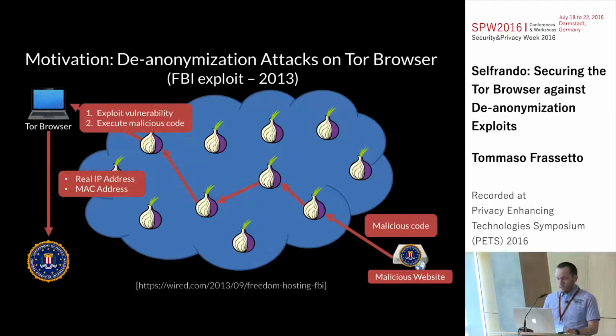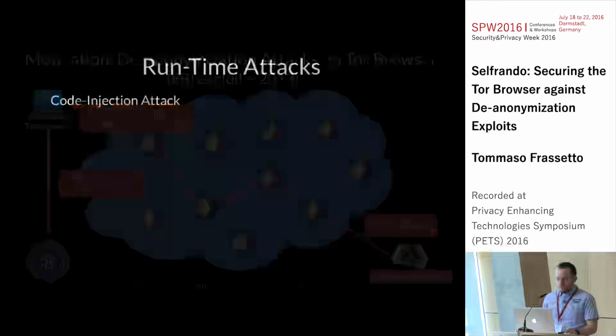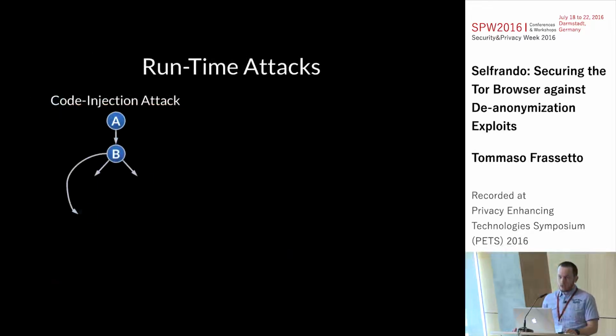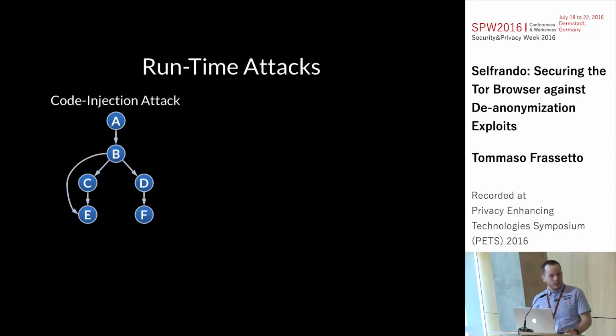Our work is a defense against this kind of attack, and so let's take a closer look at how an attack like this works. An attacker can use two different types of runtime attacks, and can choose a code injection attack or a code reuse attack.